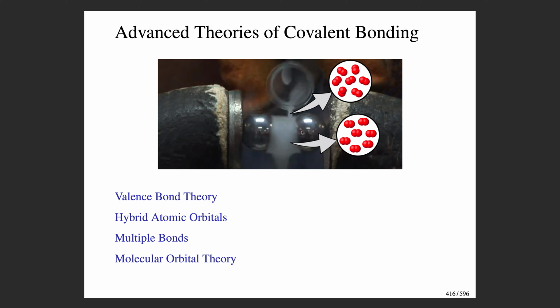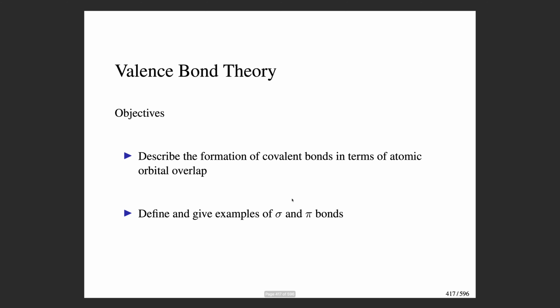And it turns out that oxygen is a paramagnetic molecule, which means it's susceptible to the influence of a magnetic field. And it turns out that molecular orbital theory is a theory that predicts that molecular oxygen is paramagnetic. And so that's one of the success stories of molecular orbital theory. And we'll get to that in a future video. Right now we're going to start with the valence bond theory.